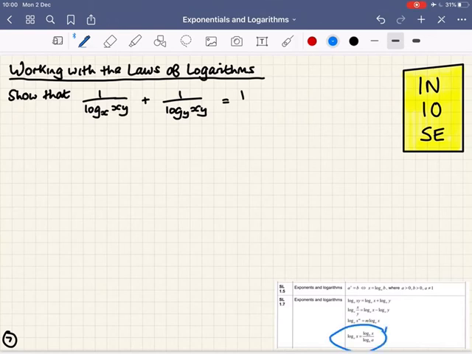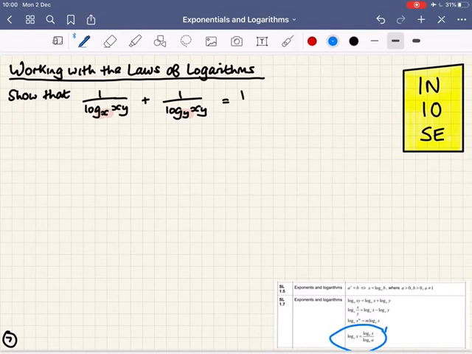And you can see in the example that I've just given you that we've got log to base x and log to base y in this example. And our first reaction should always be to try and get everything into the same base. It doesn't really matter in this question whether we choose to go with log to base x or log to base y. We could do it both ways, but let's put everything into log to base x.